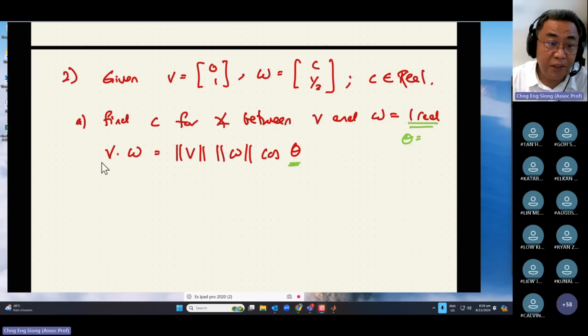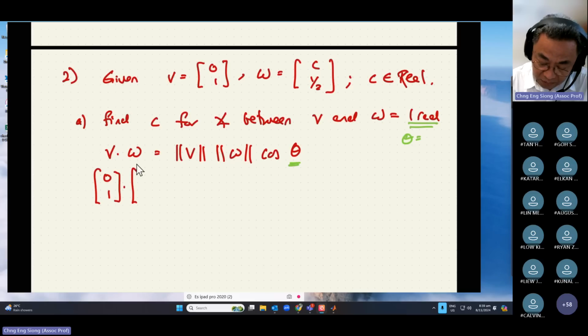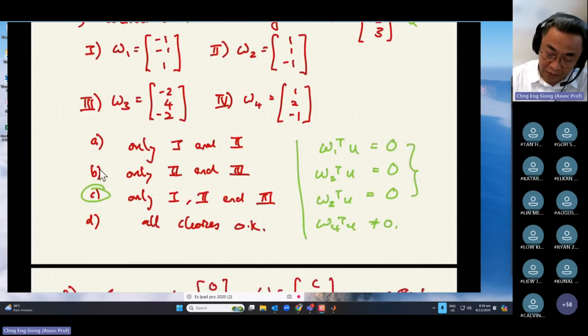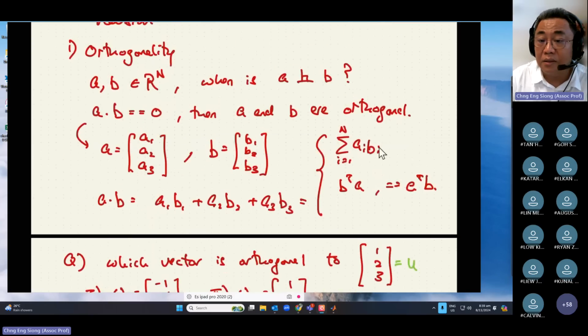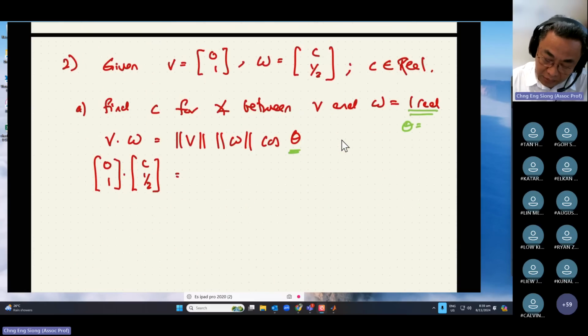All right, V dot W, by now we know that it's 0, 1 dot with C and half. And as in the first question, we know that it is nothing but the elements multiplied with each other and summed. So interestingly, 0 times C is 0, of course.